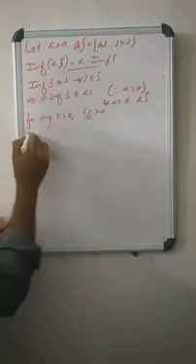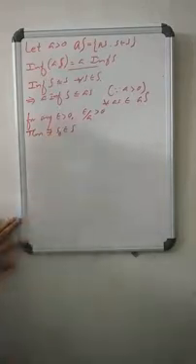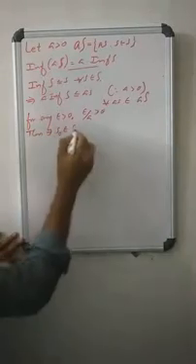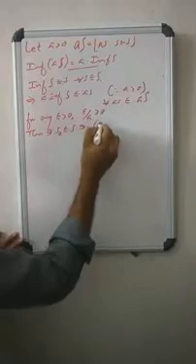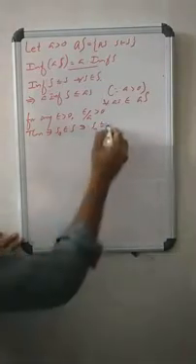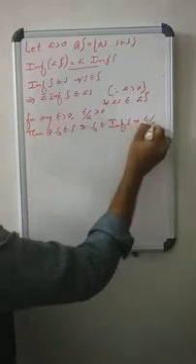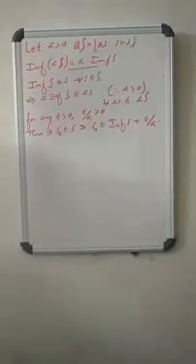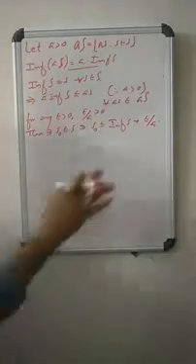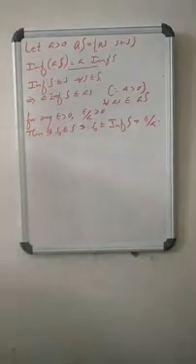Then there exists some s₀ in S such that s₀ is less than or equal to the infimum of S plus epsilon/a. Clear?